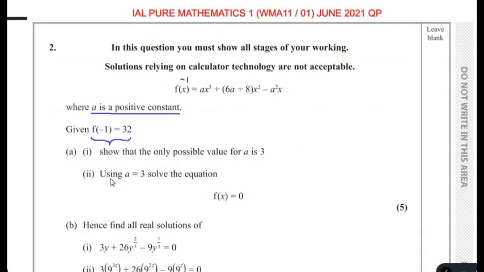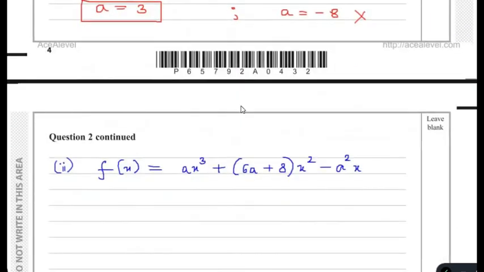Now let us look at part 2 of this question. Using a equal to 3, solve the equation f of x equal to 0. So they want us to substitute 0 in place of f of x, and in place of a we have to substitute 3 and solve the given expression. So let us start substituting the value of a as 3.